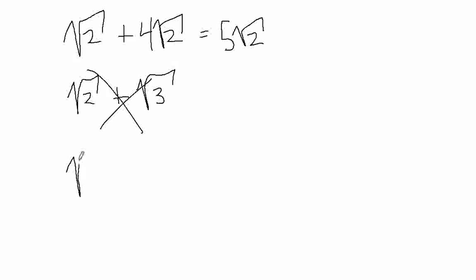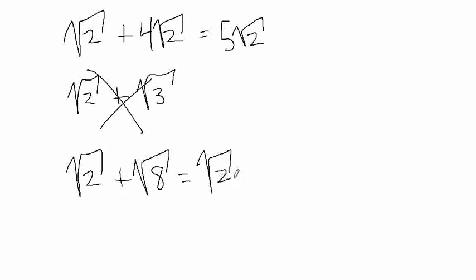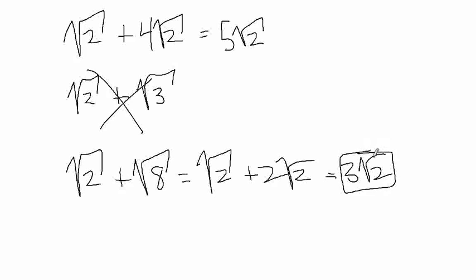For example, the square root of 2 plus the square root of 8. I can rewrite the square root of 8 as 2 root 2. Now I can get 3 root 2 for my answer, my simplified version.